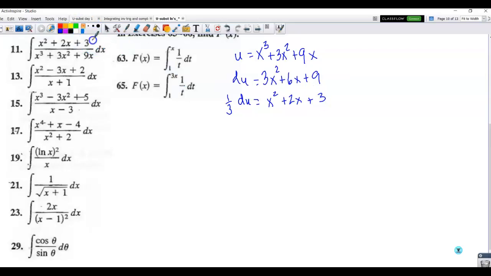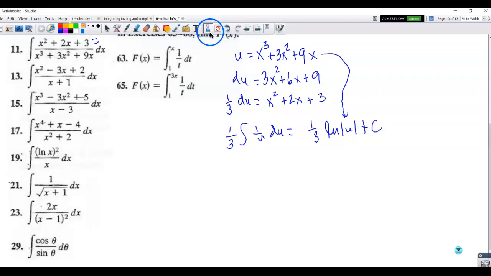That's a good thing, because that's what I see right here with my math eyes. So my rewrite is the 1/3 coefficient out front, and then I'll have 1 over u, same thing every time, 1/3 ln absolute value of u, plus c, and don't forget to substitute the original u. I'm not going to keep doing that because we've done enough u substitution now that you should be remembering that.